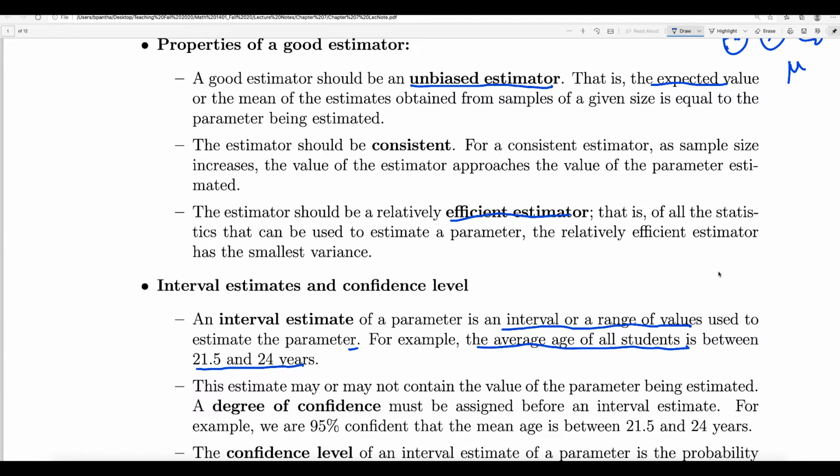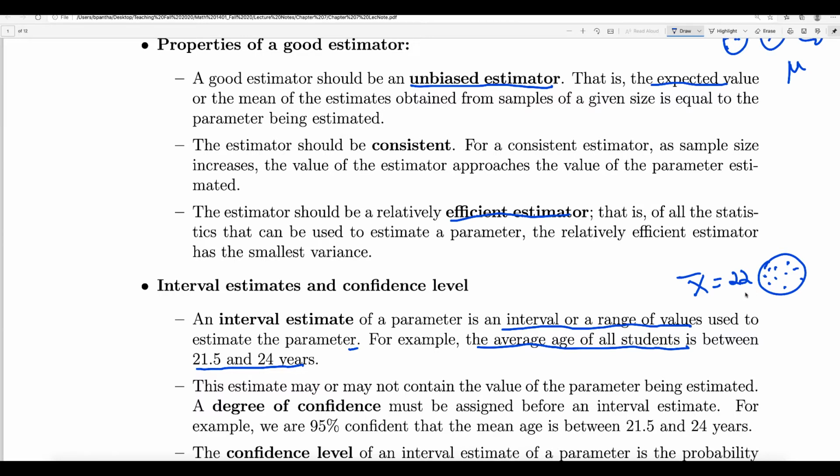Suppose you want to know the average age of the students taking the statistics class. Suppose you pick a sample of students and you find that x bar from that sample is, let's say, 22 years. Now if you say that all the people taking the elementary statistics class have an average age of 22 years, that may not be 100% true, right?